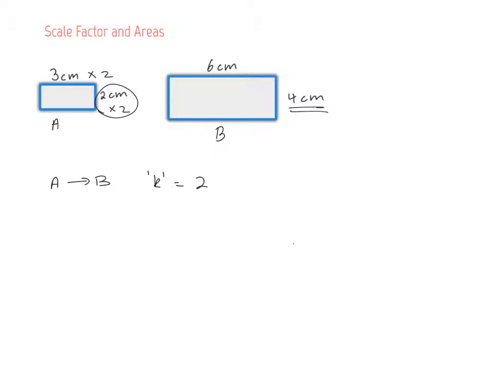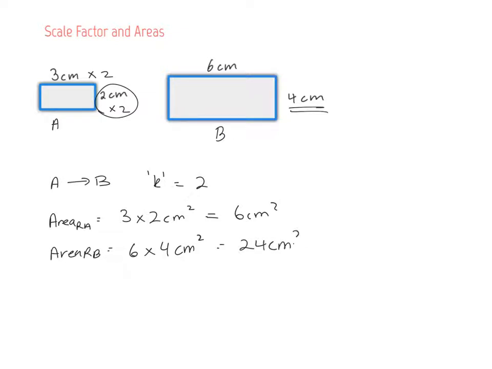Now, because this scale factor is for length, I want to find out what happens to the area. So let's find the area of rectangle A. That's going to be 3 times 2 centimeters squared. That's 6 centimeters squared. Let's find the area of rectangle B. It's going to be 6 times 4 centimeters squared, and that is 24 centimeters squared. This time, going from 6 to 24, I'm multiplying by 4.